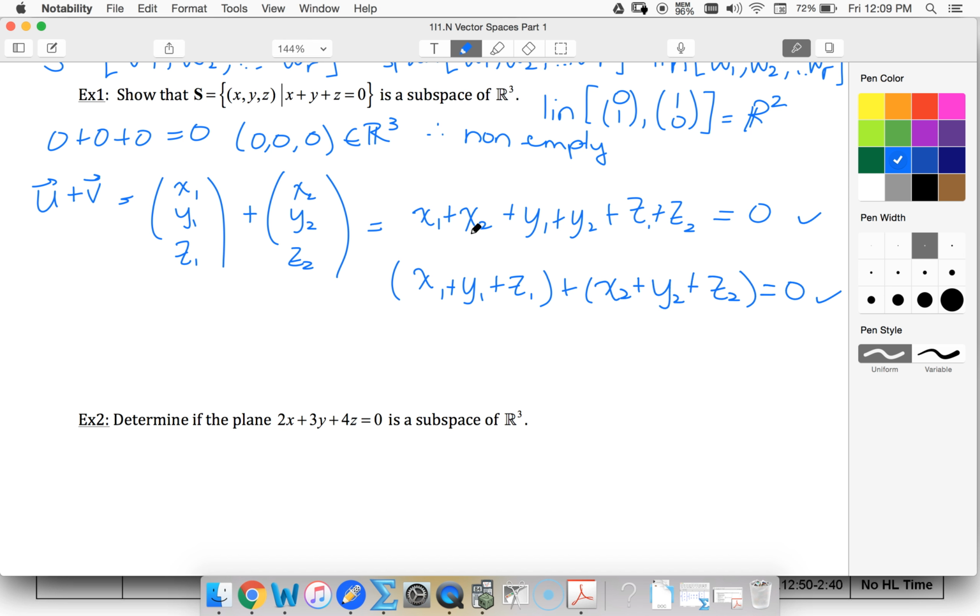And these values, x1 plus x2, y1 plus y2, z1 plus z2, this is an element of R3. So closed under addition.